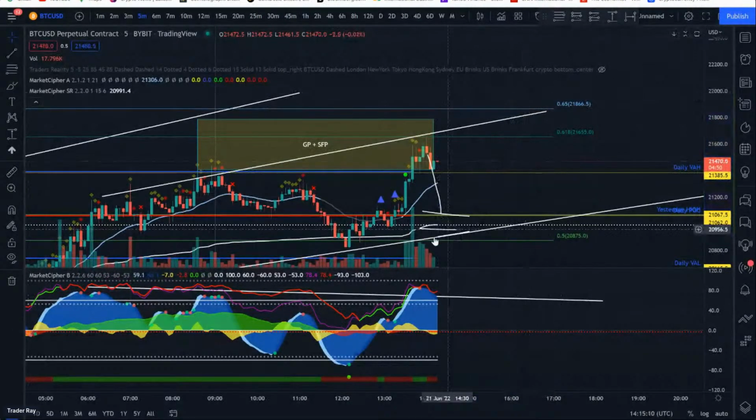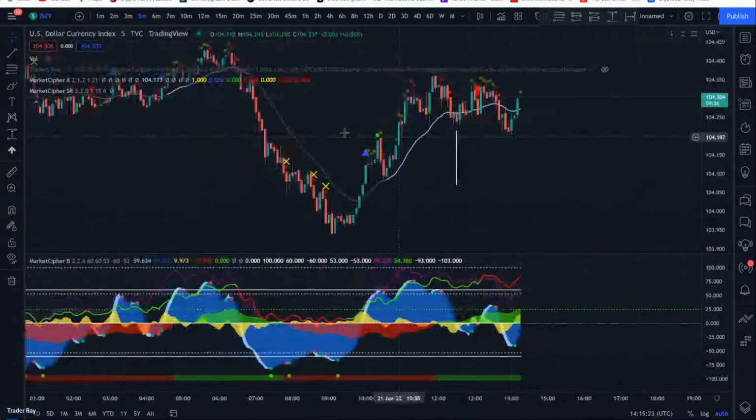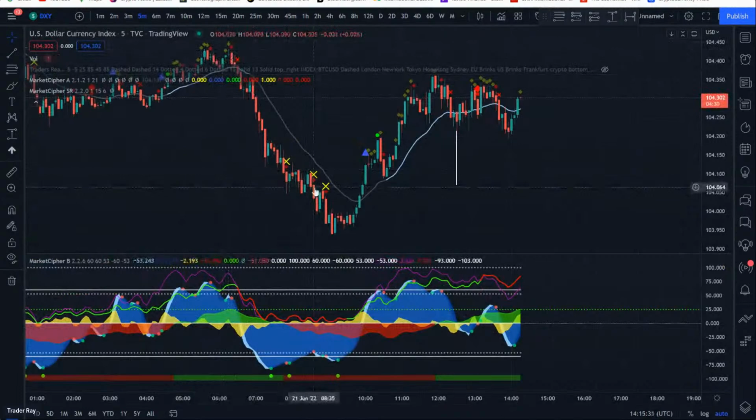I do have to say that I have seen from time to time some decoupling between the dollar index and Bitcoin on the macro. Not really, but there have been 1 or 2 days where we just took a completely different direction than the dollar index. So usually we are contra. So here we've seen the dollar index going down. This was on the 21st of June.